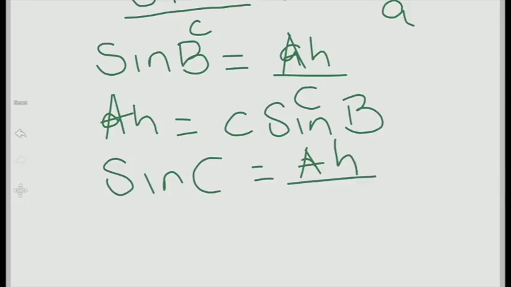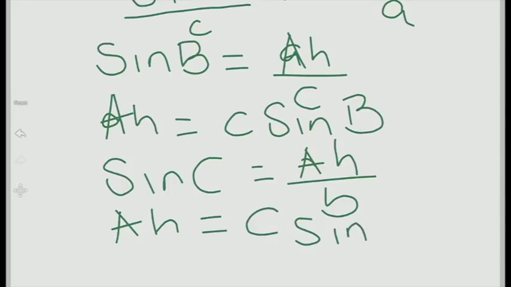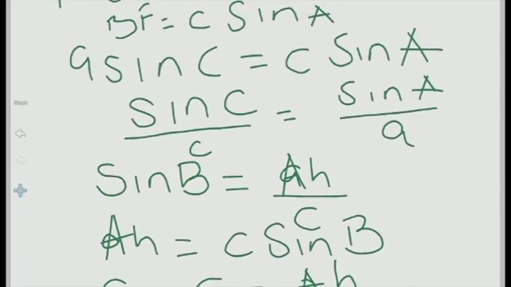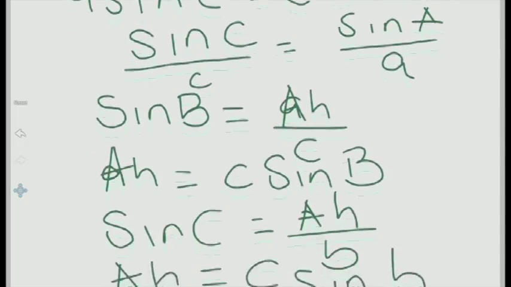We have AH over B. So now we have two unknowns, AH and AH, the same thing, which means we have AH equals to C sine B, when we had AH up there being A sine C.